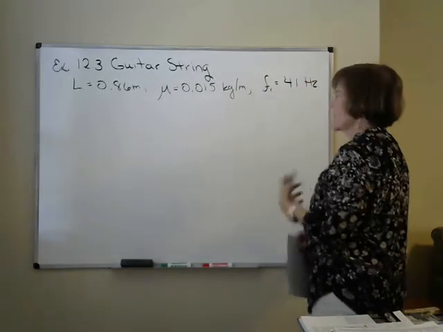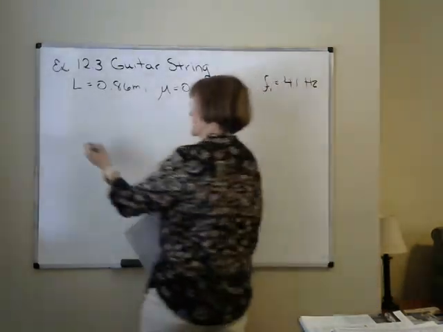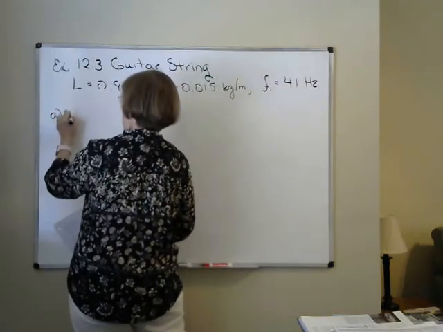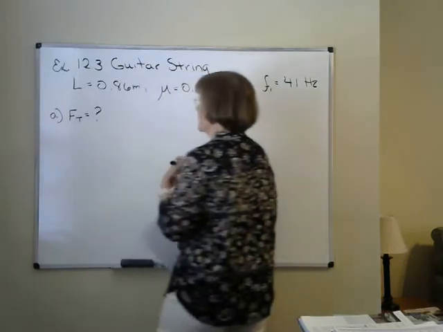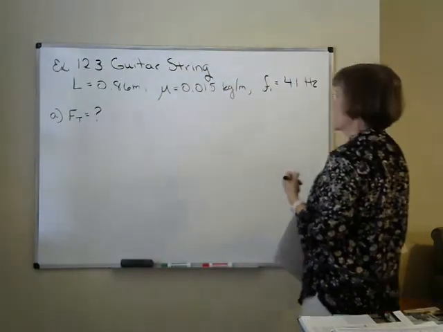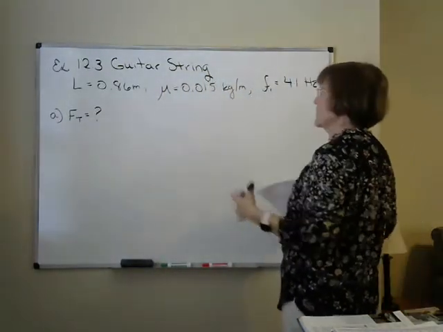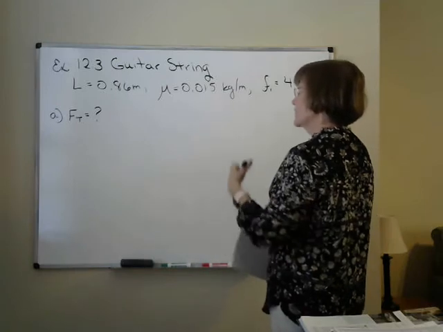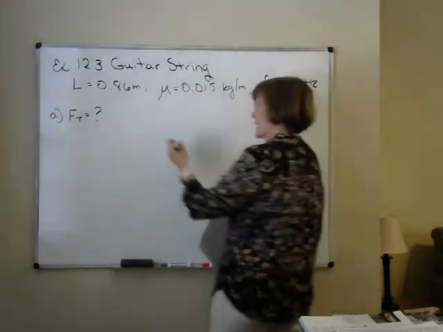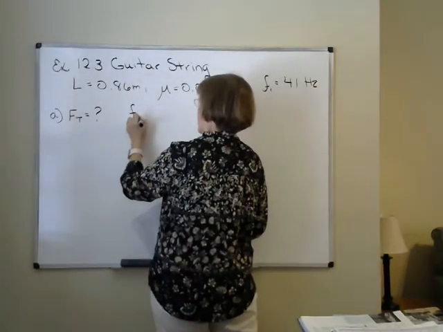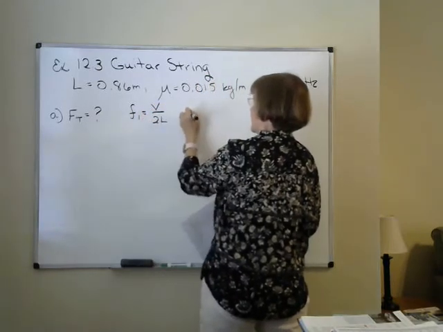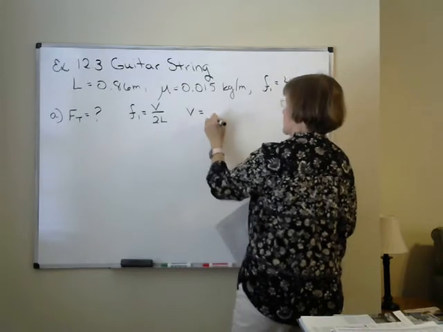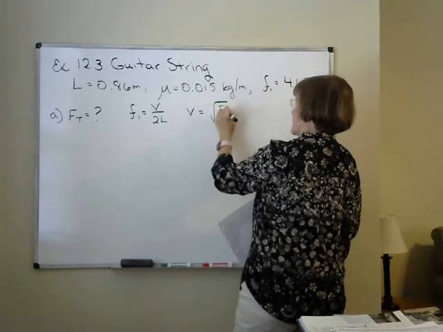The first thing they ask us to find is the tension. Okay, well, to do that, I'm going to use the fact that I just moments ago combined those formulas that said F1 equals v over 2L, and v is equal to the square root of the tension over mu.